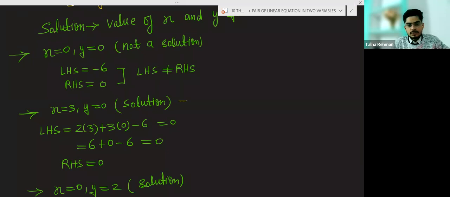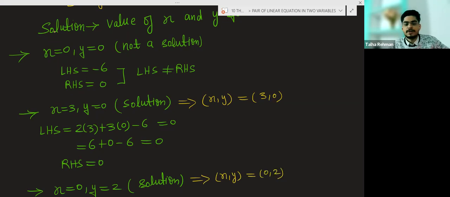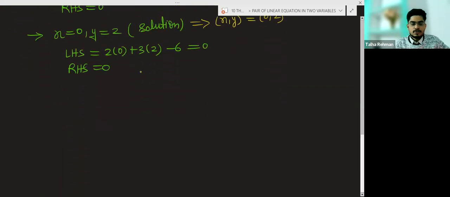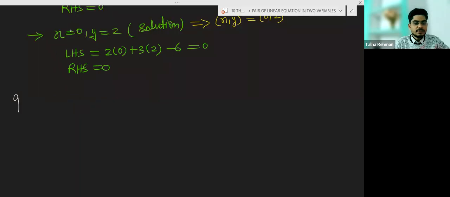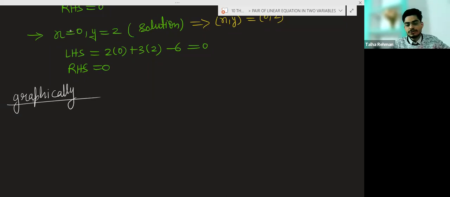From this, you are getting x comma y as 3 comma 0, and from here you are getting 0 comma 2. Now we will discuss this graphically by taking the same equation. What is the meaning of the solution graphically?